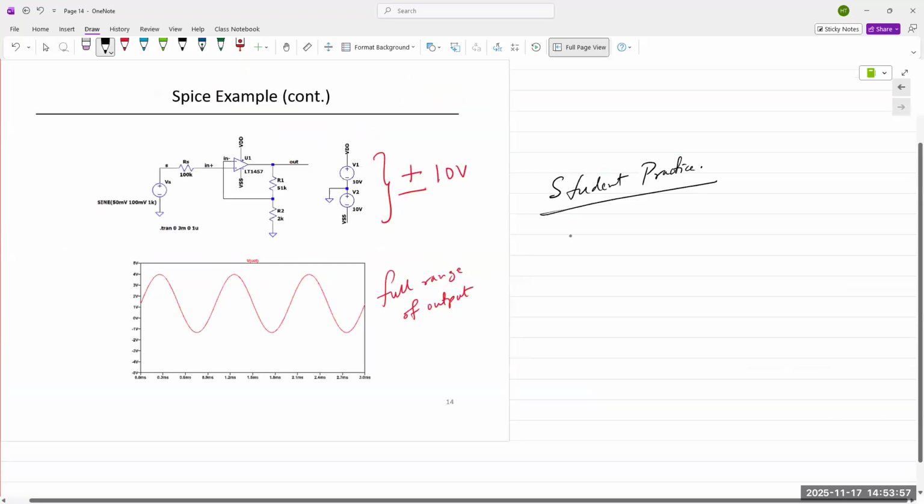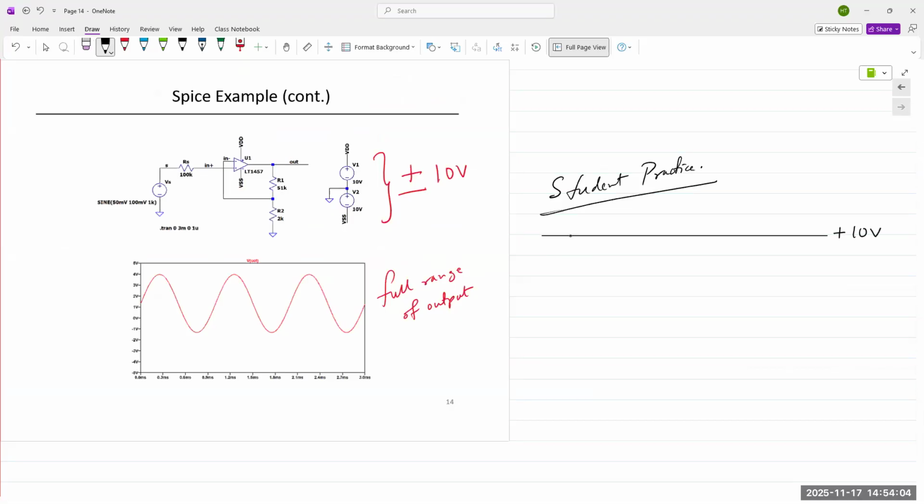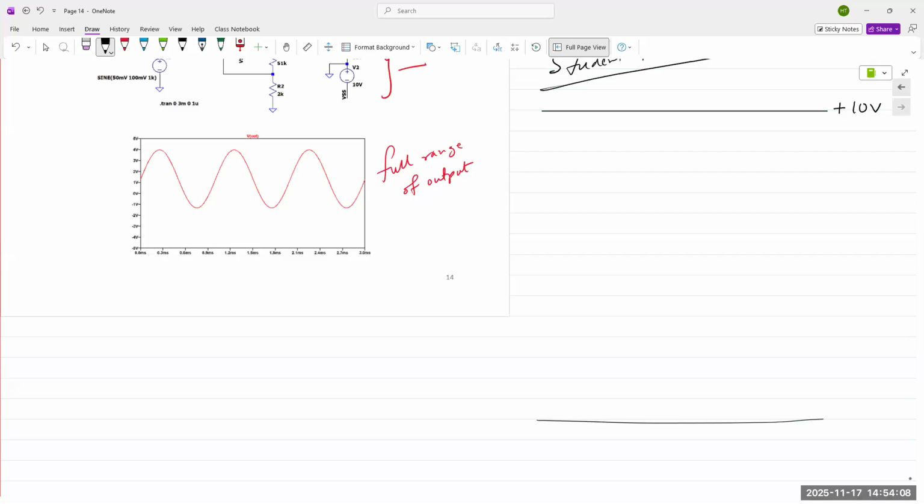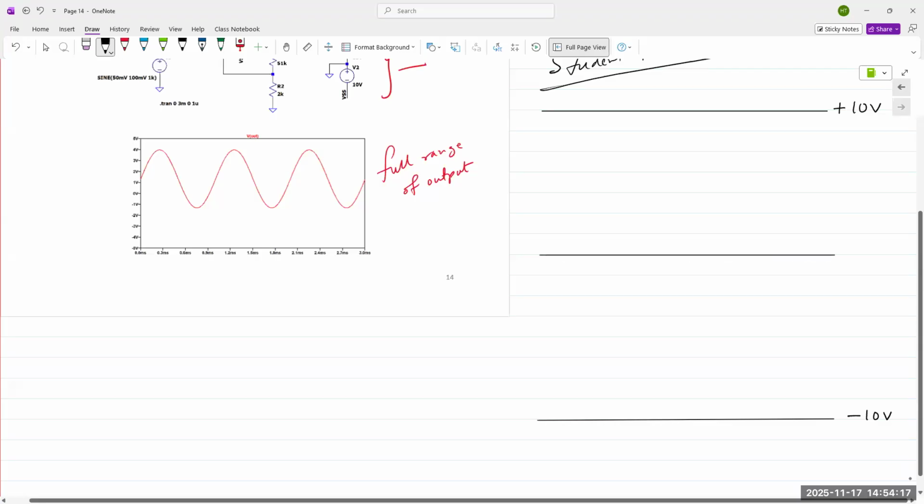Okay. In the next one, instead of 5, now we have plus 10 and we have, let's say, a minus 10, right? So we increase the DC biasing voltages. And so this is 0.